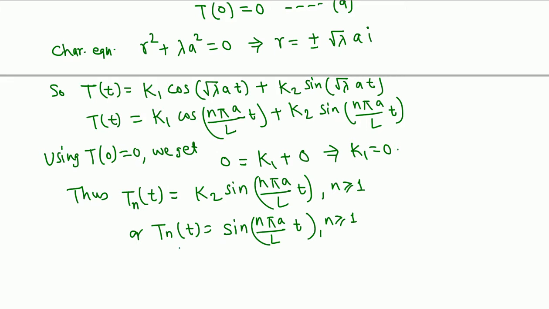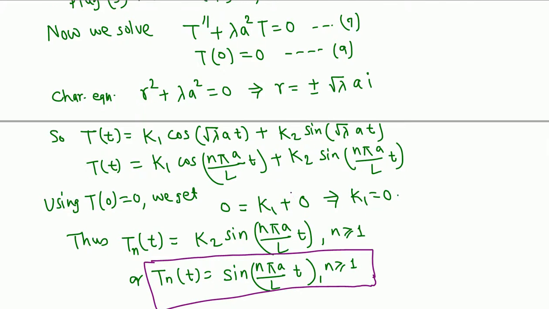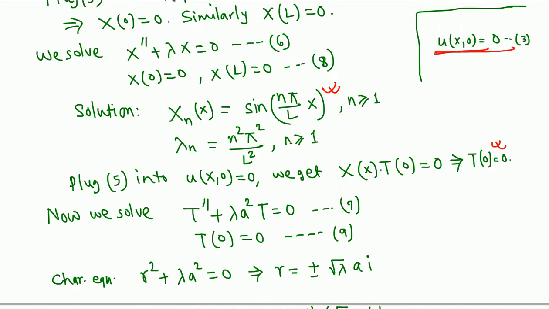So we got T_n here, and if we go up we can see the X_n's. The product of X and T is the u, because we assumed in equation 5 that u is a product of X and T.